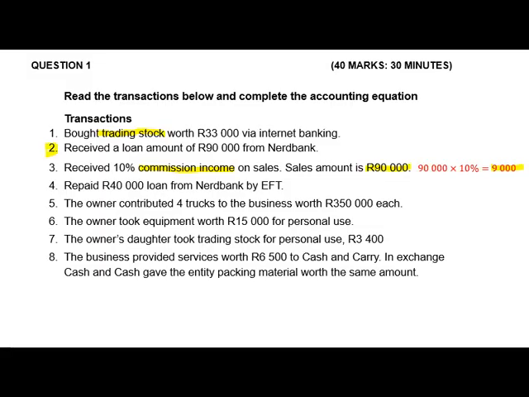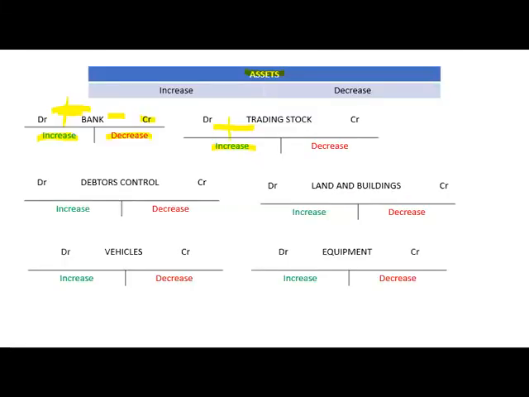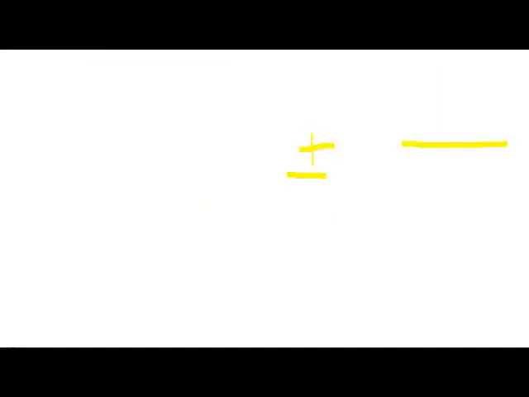Number 5 says the owner contributed 4 trucks to the business worth 350,000 rand each. I'll first take that 350,000 rand, times it by 4, and I will get 1.4 million. These are trucks that we bought. Trucks fall under vehicles. Vehicles is an asset. We're getting more of those trucks.